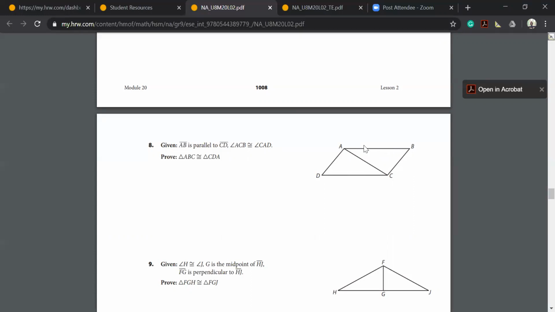For example, here since AB is parallel to CD, these two angles are forming a Z, so they are alternate interior. What else? These two angles together, for example B and the big C, are same side interior, so they are supplementary.